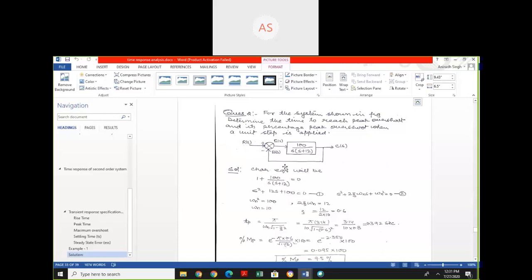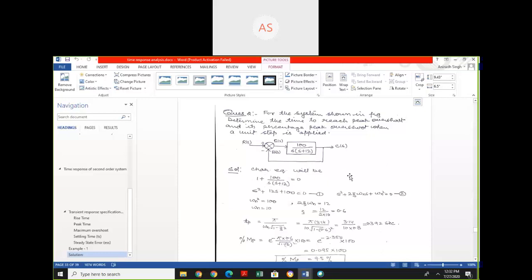So first find the characteristic equation. The characteristic equation is given by 1 plus G(s)H(s). The value of G(s) is given by 100 by s plus 12, and the value of H(s) is given by 1.